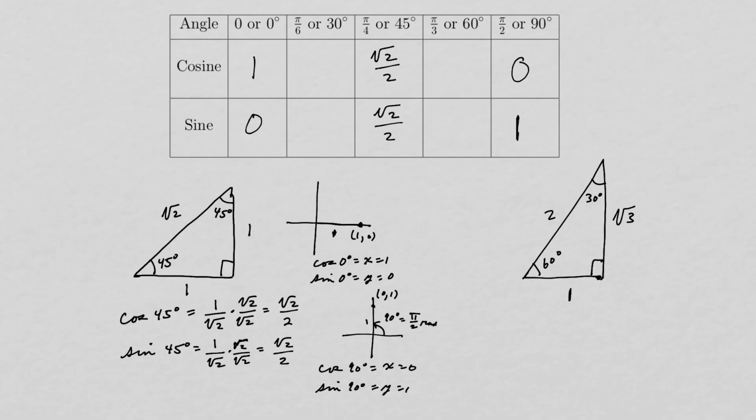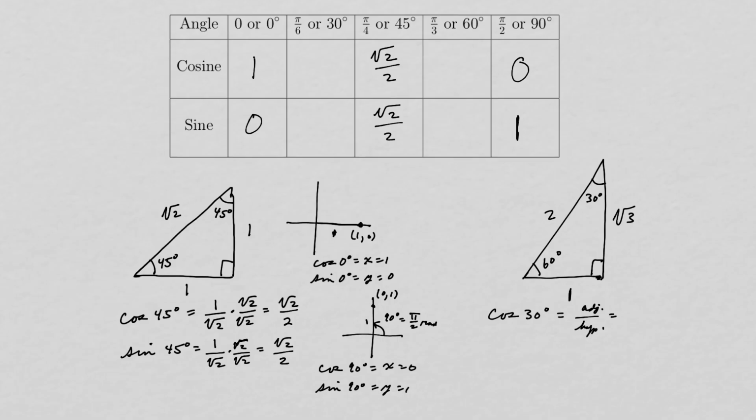So that means the cosine, let's do 30 degrees first. Cosine of 30 is going to be, so here's 30 degrees. It's adjacent, right, which is radical 3, over hypotenuse. So it's going to be radical 3 over 2. So it's adjacent over hypotenuse.